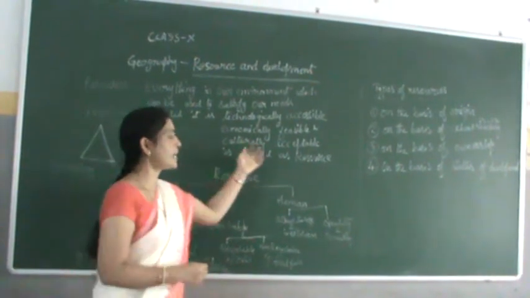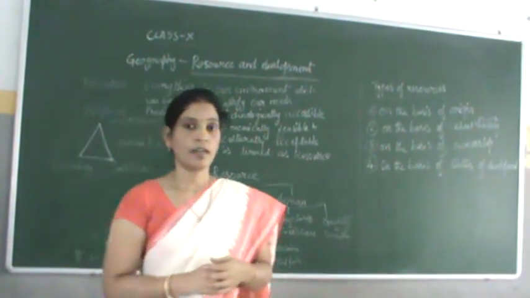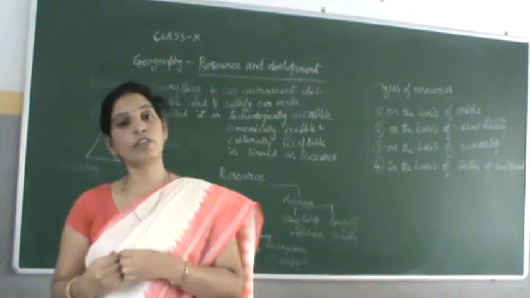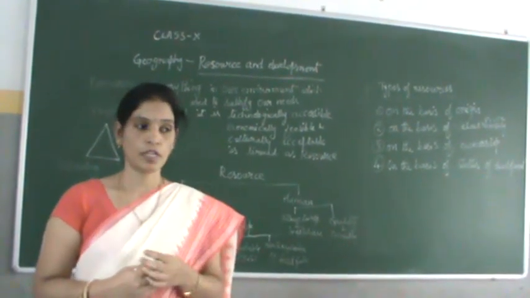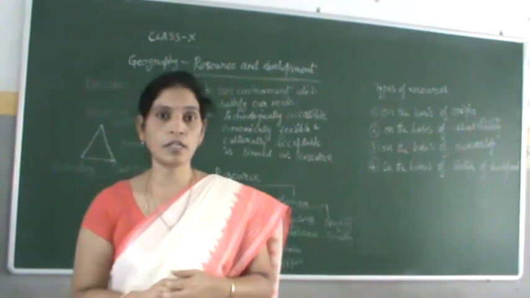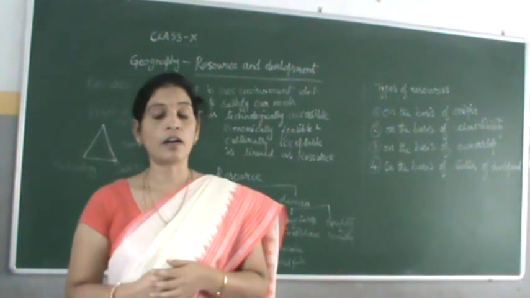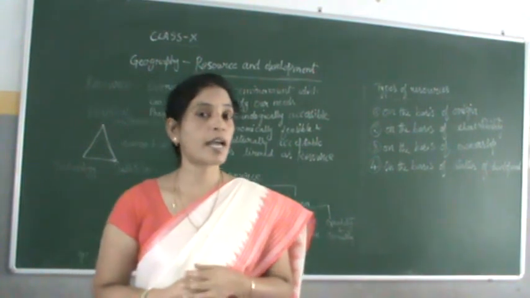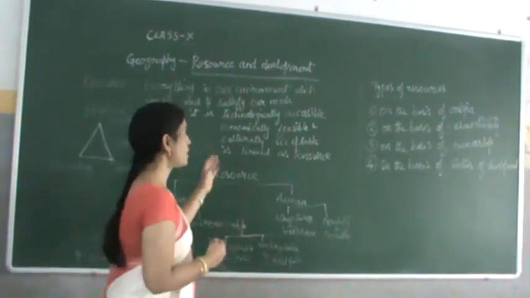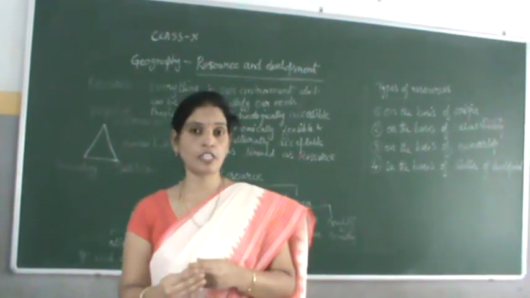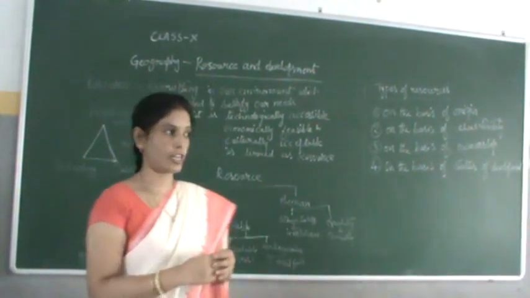Then, culturally acceptable means whether the society is accepting its extraction. Suppose these resources are somewhere near religious places or private properties, will those people really accept it? So cultural acceptance is also important. The people or the culture should accept this extraction.